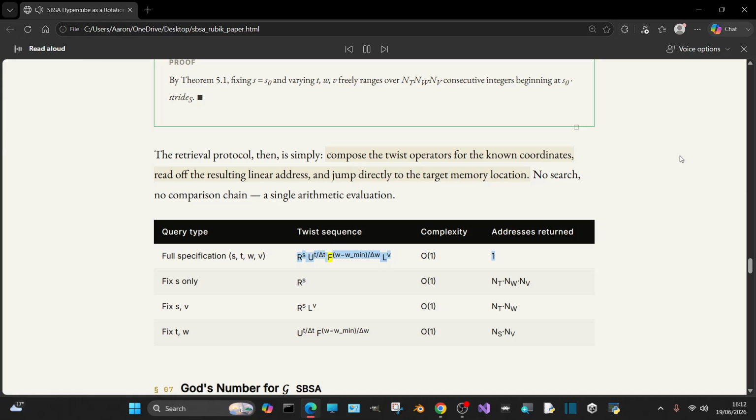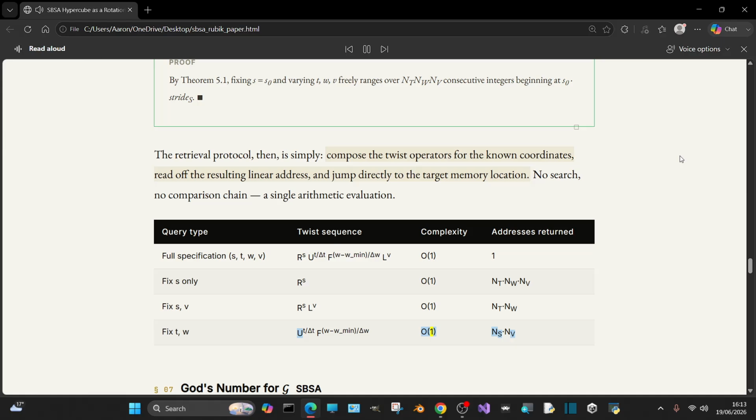Fix S only: R_S, O(1), N_T × N_W × N_V. Fix S, V: R_S L_V, O(1), N_T × N_W. Fix T, W.